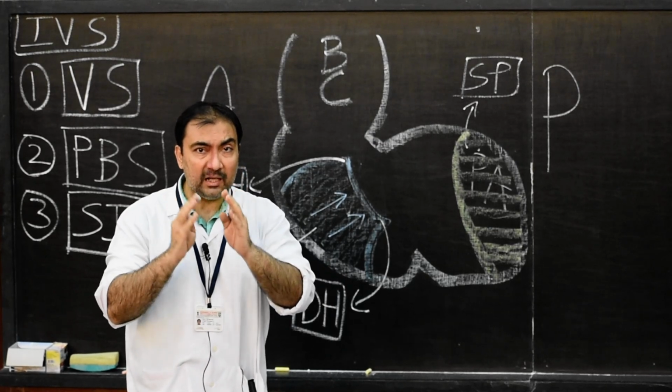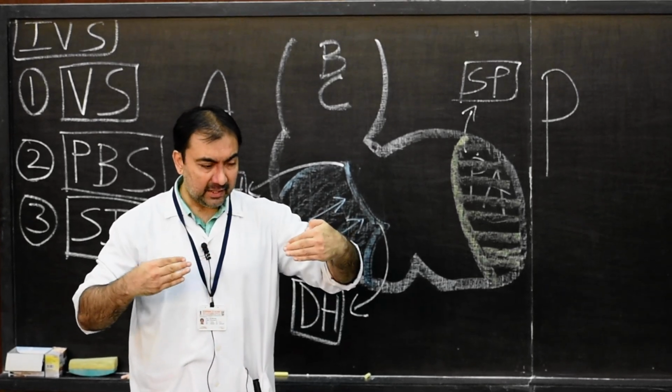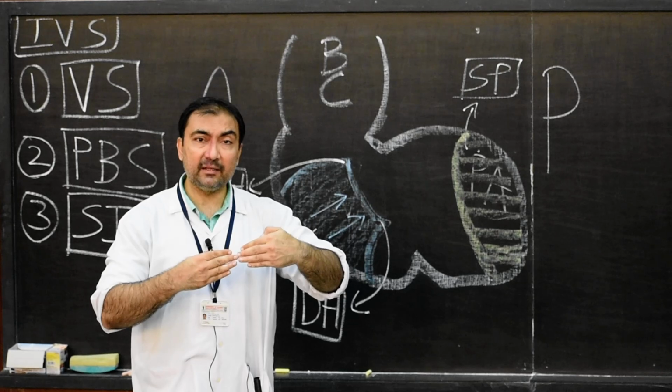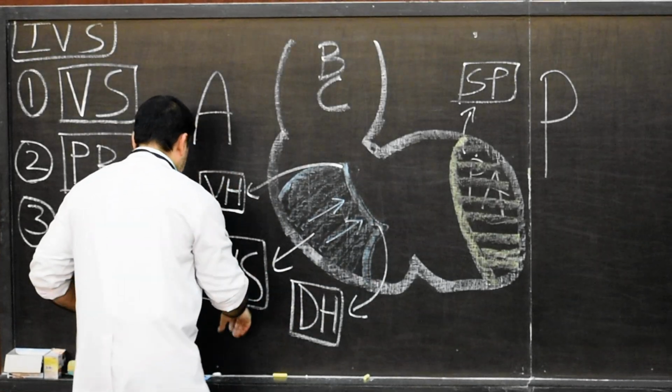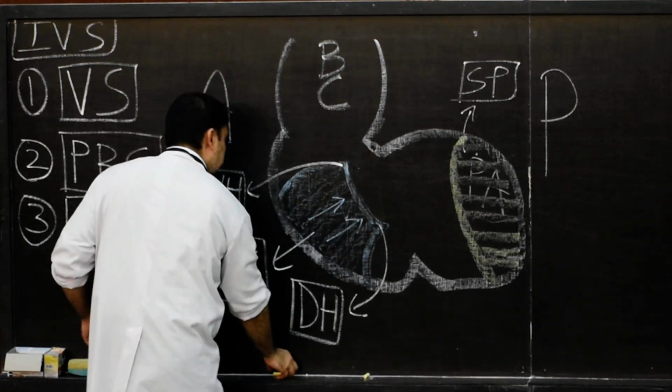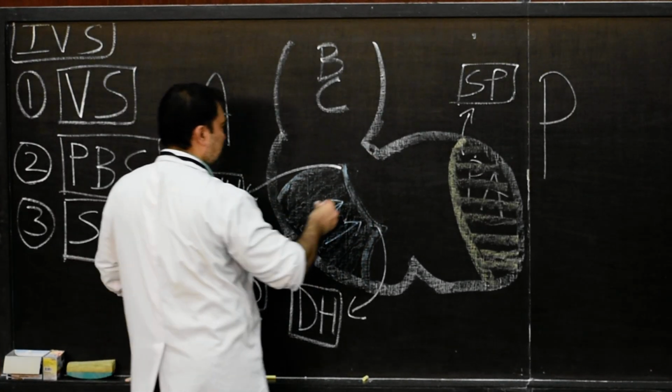These two walls or cushions will migrate towards each other, and they will migrate in such a way that they will form septum intermedium. So here we want to show the ventral and the dorsal. I will use orange color.